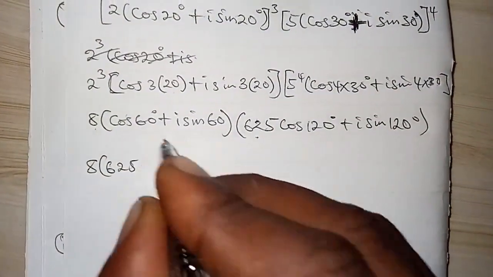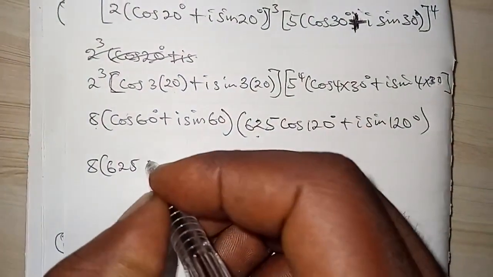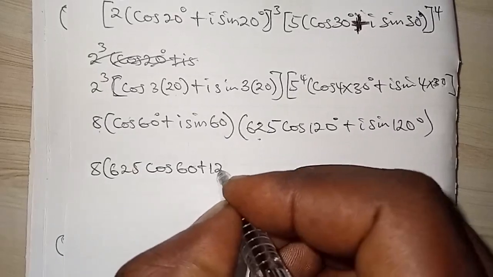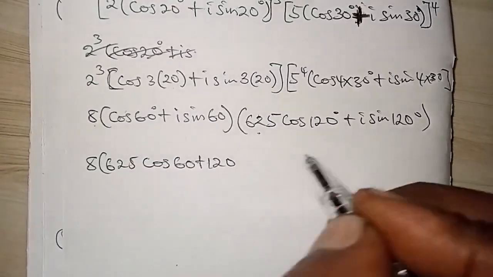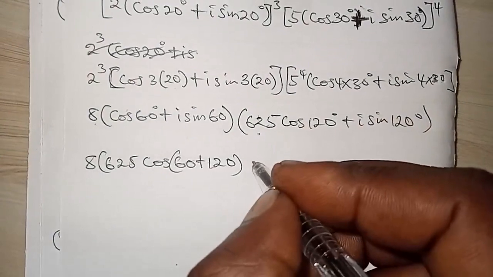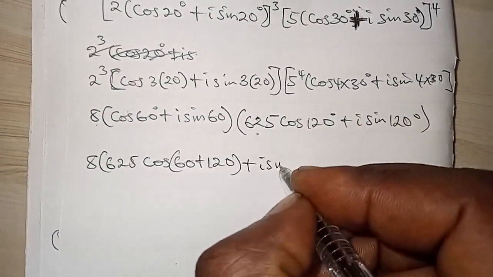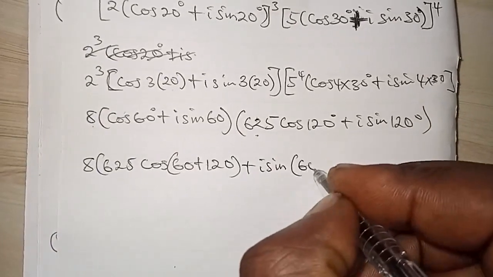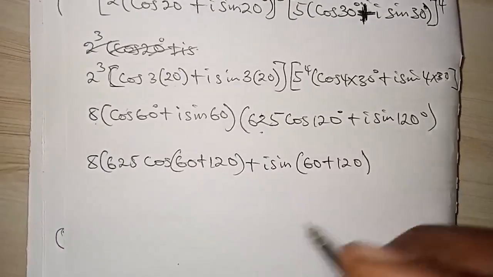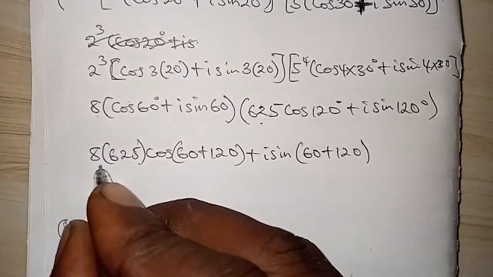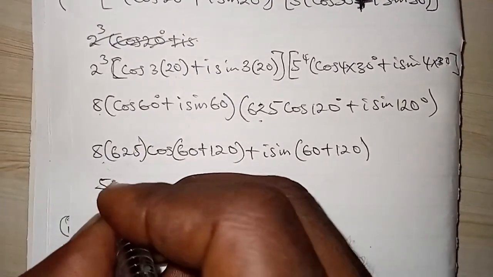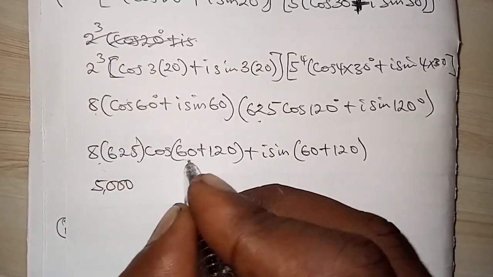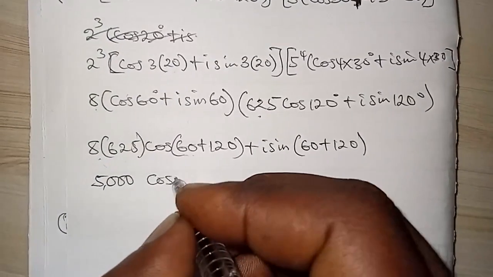Then cos goes to cos, so cos 60 plus 120, plus i sine. Sine goes to sine, 60 plus 120. So 8 times 625 gives us 5,000. Then 120 plus 60 gives you 180.